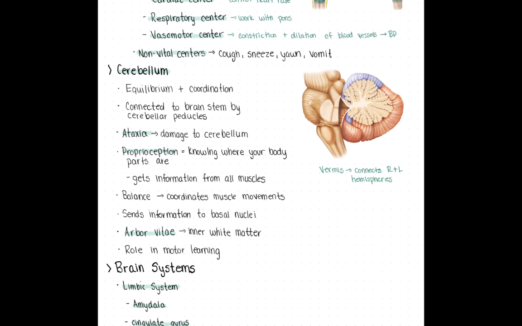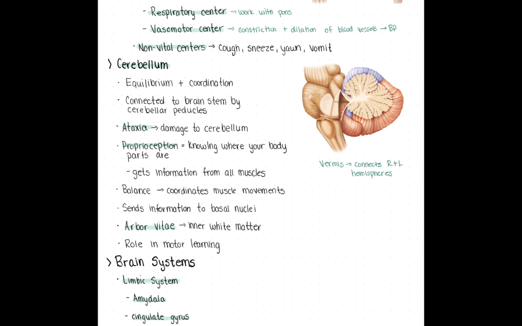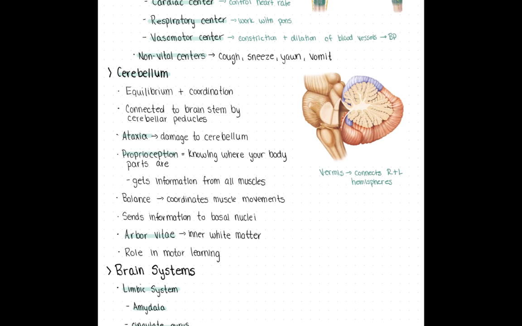This tree-like structure is called the arbor vitae. It's that area of inner white matter with the outer cortex of gray matter that we see in the cerebellum. Arbor vitae means tree of life. Okay, good. So that's the anatomy and the structure.